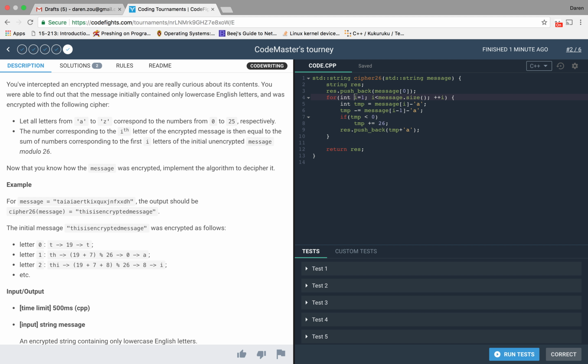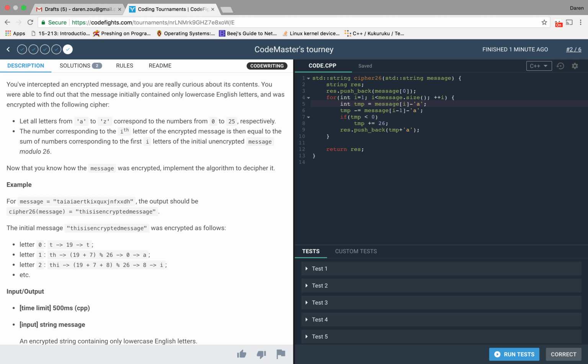But for every other letter, the value of the letter of the original message is equal to the difference.